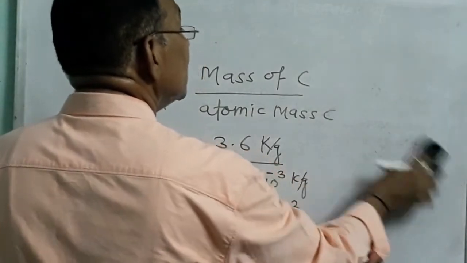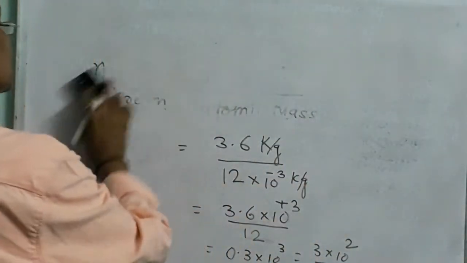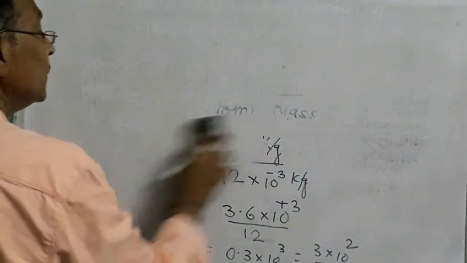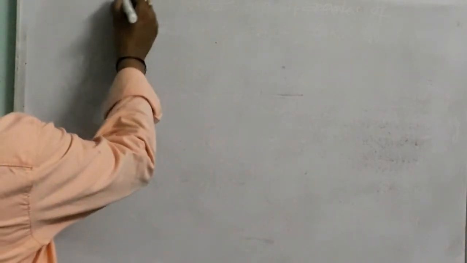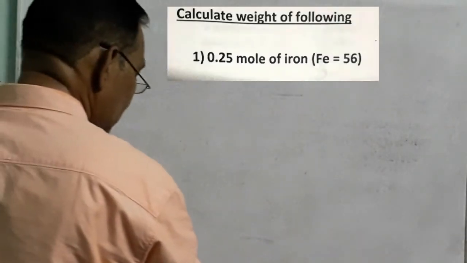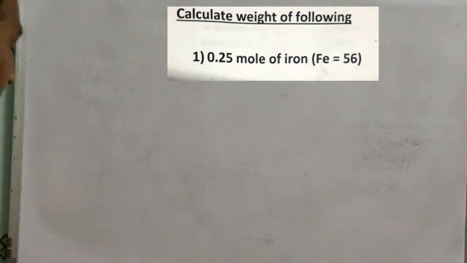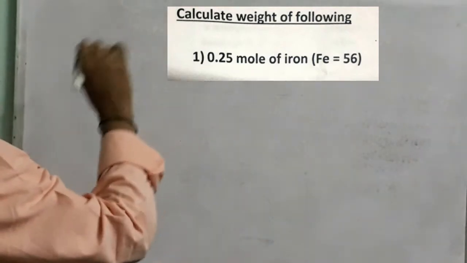Now reverse problems can also be asked, means he will give you number of moles and will ask you to find out the mass. So the second category of numericals on this, calculate weight of following. Calculate iron. The atomic mass of that iron is 56.